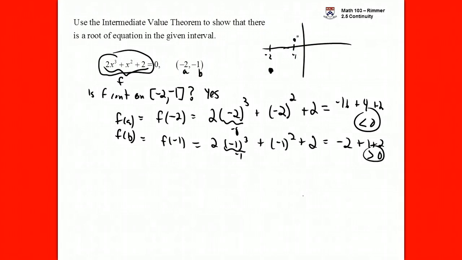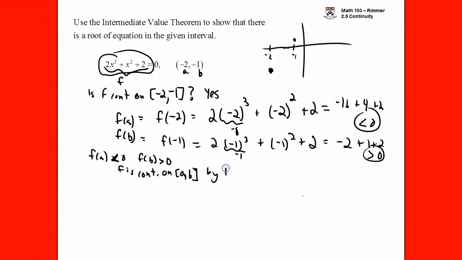and so we just take the following. F of A is less than 0. F of B is greater than 0. F is continuous on this interval. That's all we need.